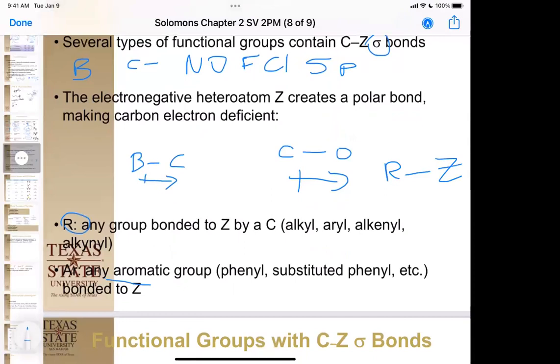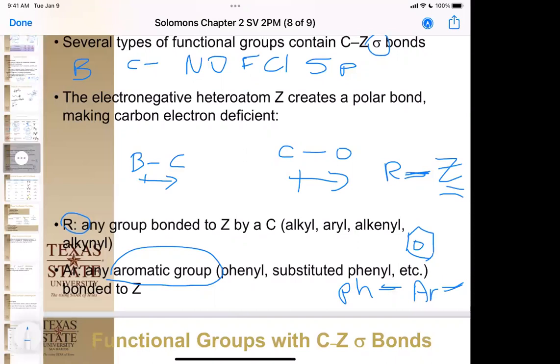In the case of an aromatic group right here, like the benzene ring we talked about already, we typically use it as the Ph or occasionally Ar in that line. That line is the bond to whatever the functional group is. Okay, so this bond is to whatever our functional group is. And so R can be any of those alkanes, those hydrocarbons, but Ar and Ph tend to be used with the aromatic hydrocarbon.